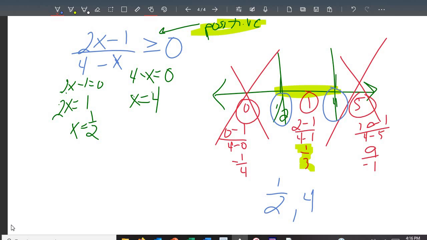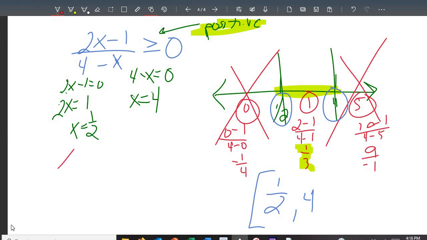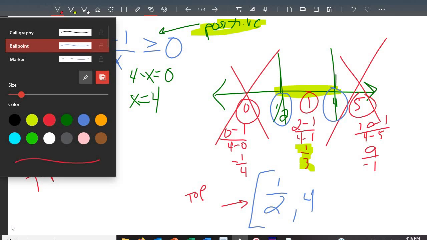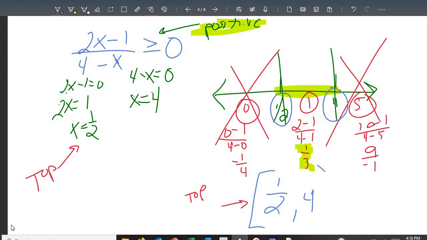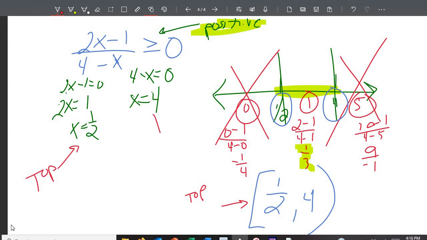The 1/2 will have a bracket because the 1/2 came from the top. The 4 will have the parentheses because the 4 came from the bottom.